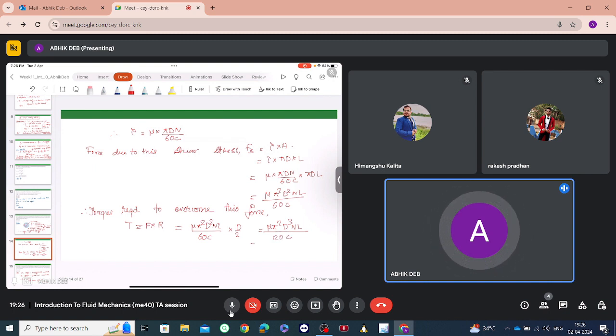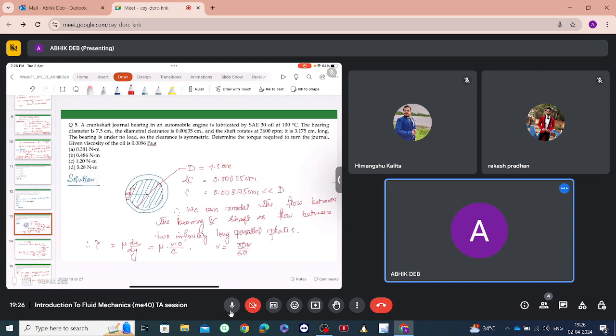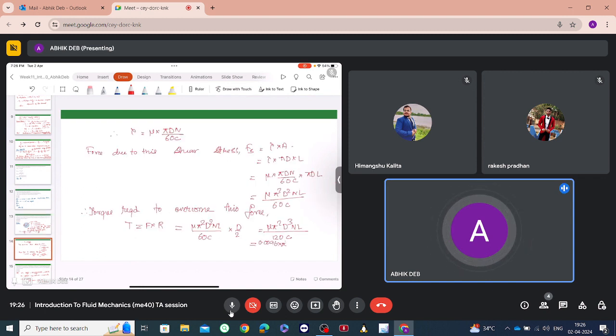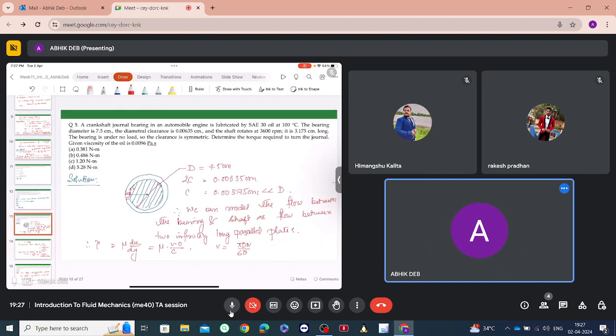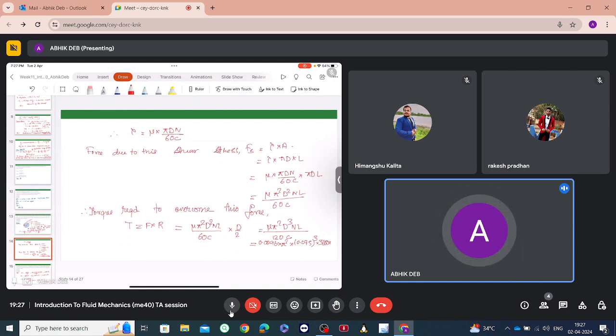So if we put the values, mu is 0.0096, 0.0096 into pi square into d cube, it is 7.5 centimeter, so 0.075 meter cube, n is 3600, into L. In this dimension L is equal to 3.175 centimeter, so this is 0.03175 meter, by 120 into the clearance.